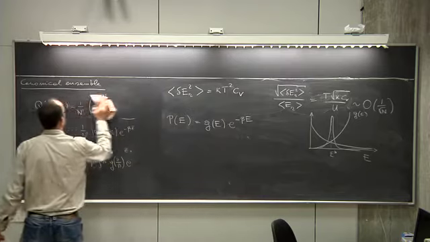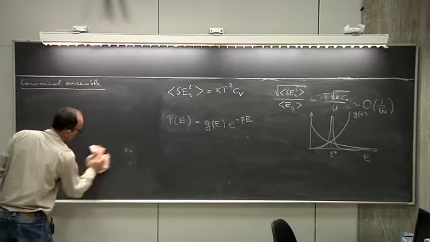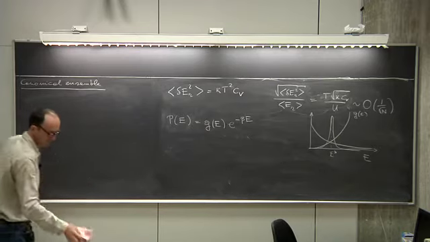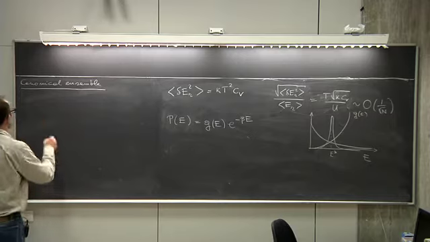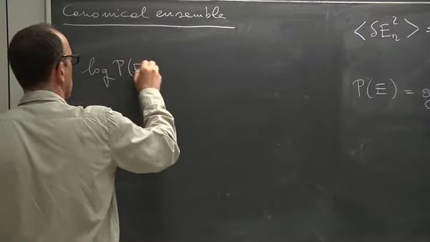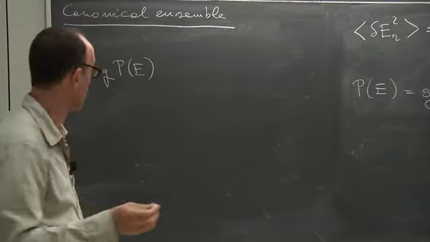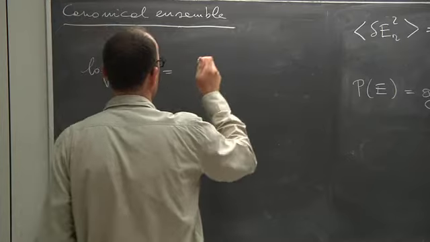Since there is a very, very sharp maximum, what we can do is to take the log of the probability of the energy and to expand it around the maximum.